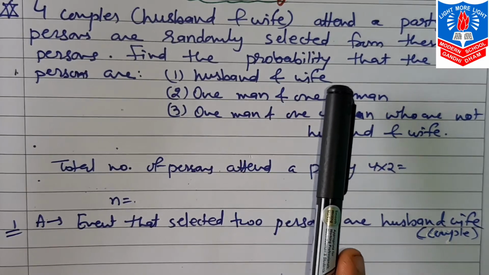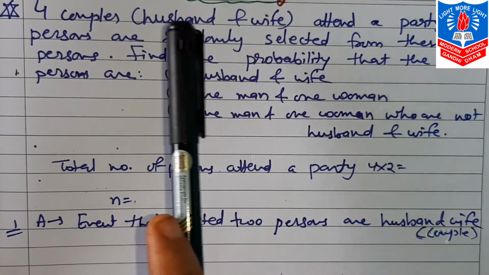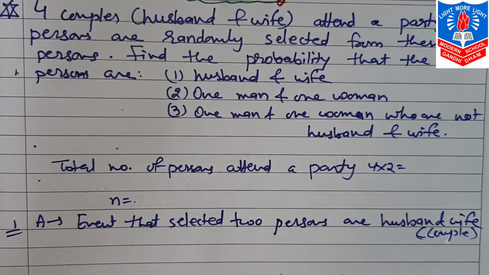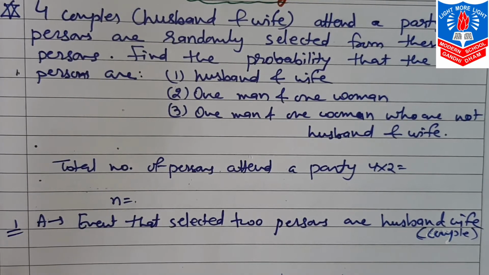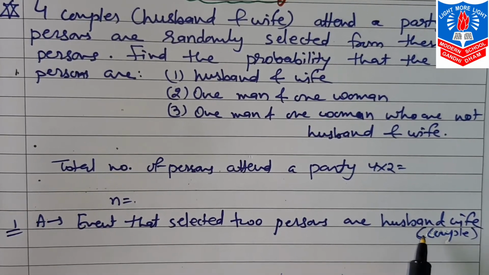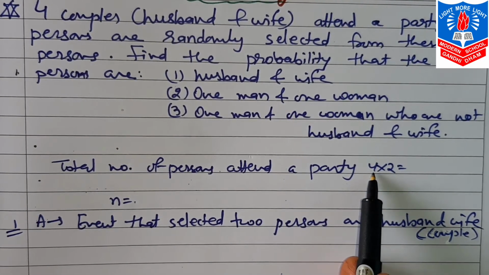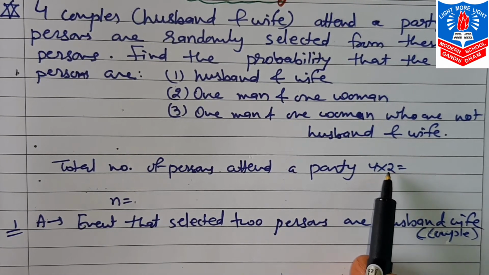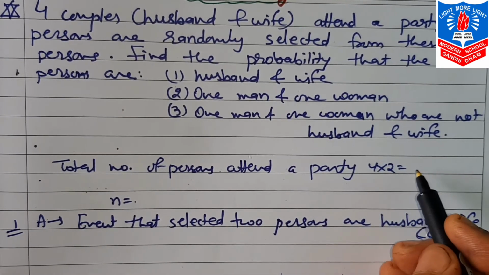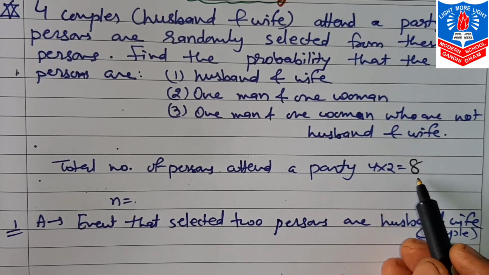Now as we discussed previously, before finding the probability, whatever is given is your n. So here 4 couples, that is husband and wife, so 4 into 2, the sample points will be 8.